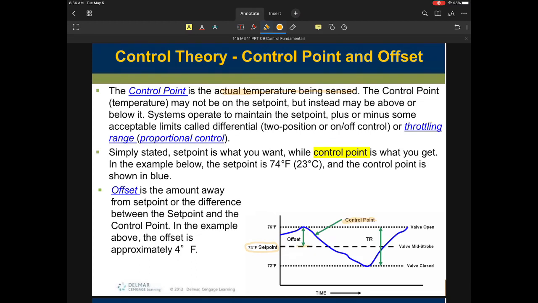The offset. So what do we mean by offset? Offset is the deviation away from the set point. It's how much variation is occurring between the set point and where I am controlling it. So you'll notice the offset changes based upon the building load and based on how much heating or cooling you might be providing.